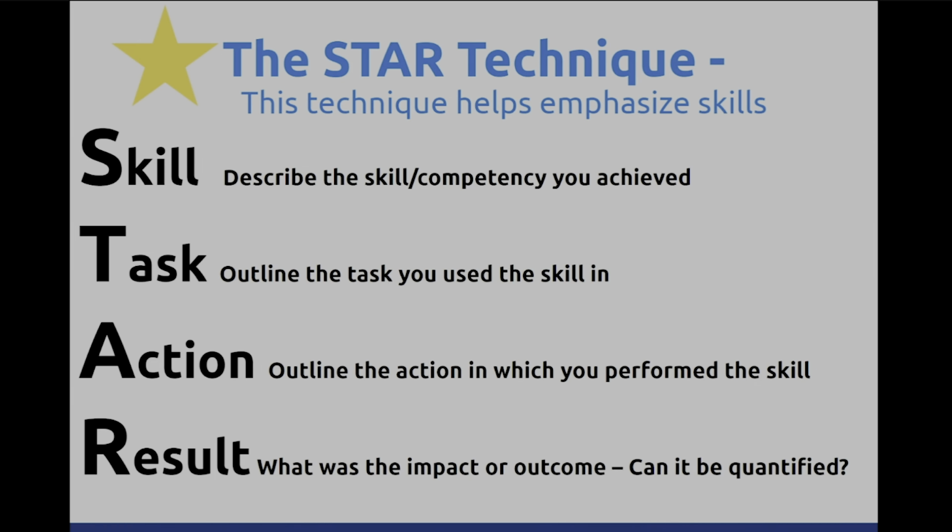What was the impact or outcome? Can it be quantified? Is there a number you can put to it? Not all the time can we include a result, but what's very important is to provide the evidence that you have that skill through stating the task and action where you utilize that skill.